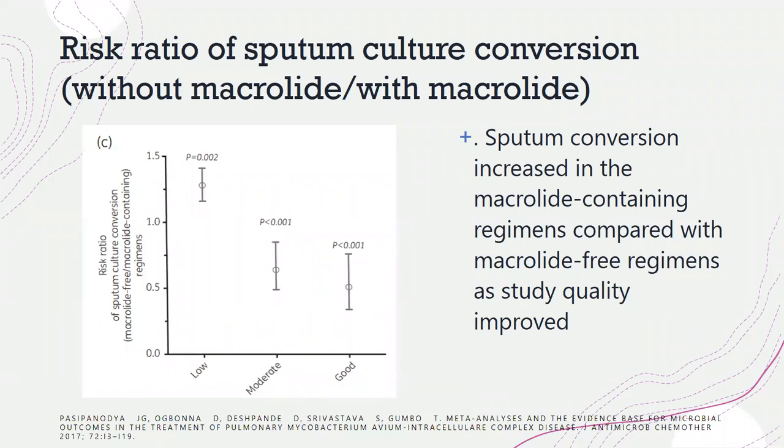So this graph is a risk ratio of how likely you are to clear your sputum cultures if you use a macrolide free regimen versus a macrolide containing regimen. The lower you are on the y-axis, the more you favor a macrolide containing regimen. And you can see as the evidence goes from low to good in these pooled studies, there's a significant trend towards the use of macrolide containing regimens as opposed to those without it.